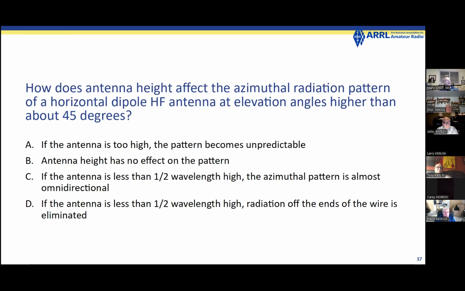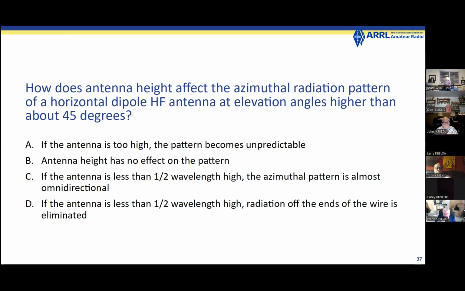How does antenna height affect the azimuthal radiation pattern of a horizontal dipole HF antenna at elevation angles higher than about 45 degrees? If the antenna is too high, the pattern becomes unpredictable.